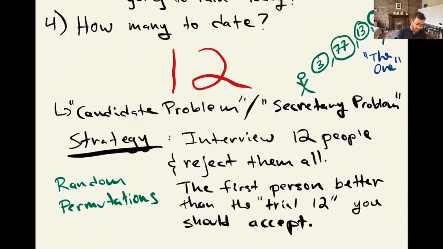Apparently, if you believe in this solution, and we can go over it later in the course, the idea is you should interview 12 people and reject them all, with the idea that you're building up a sense of what's out there. And then the first person better than the previous 12, you should accept. And it can be shown that this leads to about a 1/4 or 25% chance of happiness.